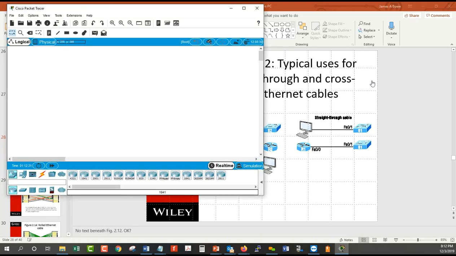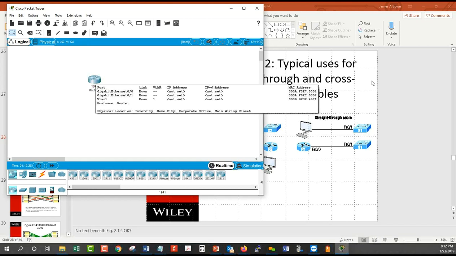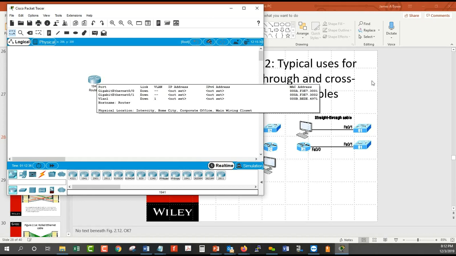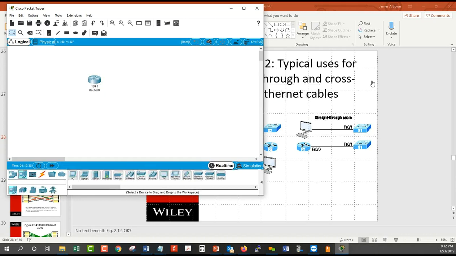We're going to pull out this router here, and that's a 1941. You'll see that it's got 2 gigabit Ethernet connections here, and we're going to pull out a PC, and then we're going to try to connect this.